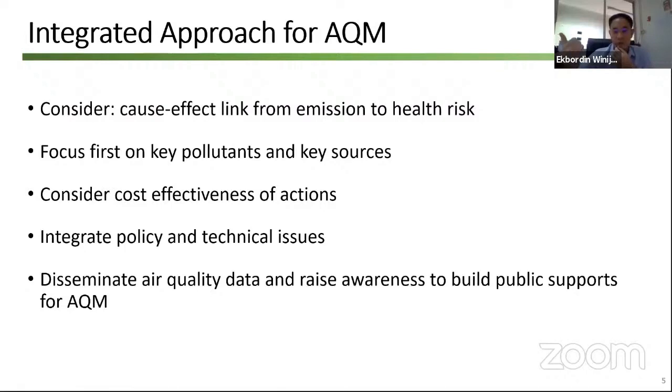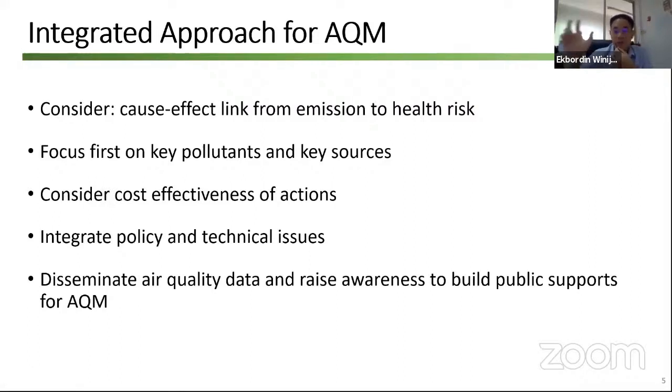We may have a problem of ozone, particulate matter, maybe CO, hydrocarbons, and so on. But we need to prioritize the issues we have, which pollutant we need to reduce first. There are a lot of criteria that we can use to select different pollutants or sources that we would like to reduce the emission of first. That brings us to the next one, where maybe we need to consider the cost effectiveness of the action.